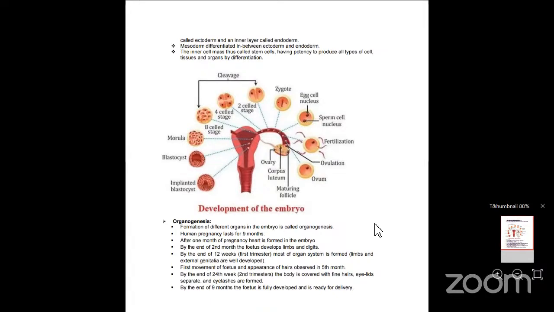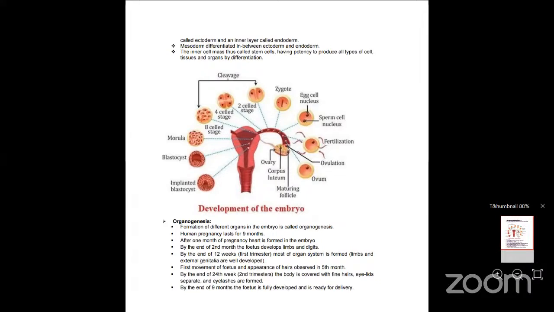Development of the embryo. Organogenesis. Formation of different organs in the embryo is called organogenesis. Pregnancy lasts for 9 months. After 1 month of pregnancy, the heart is formed in the embryo. By the end of the second month, the fetus develops limbs and digits. By the end of 12 weeks, the first trimester, most of the organ systems are formed, and limbs and external genitalia are developed.